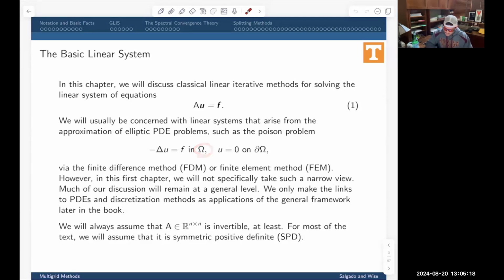So omega is a square. So I'm going to do what you would normally do in problems like this. The first thing you might try, the simplest thing, is you would break up the domain into a grid of points. And you could either put the unknowns at the vertices or maybe at the cell centers.